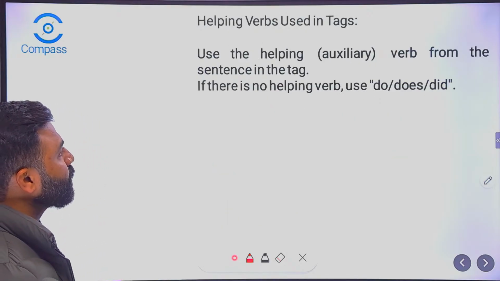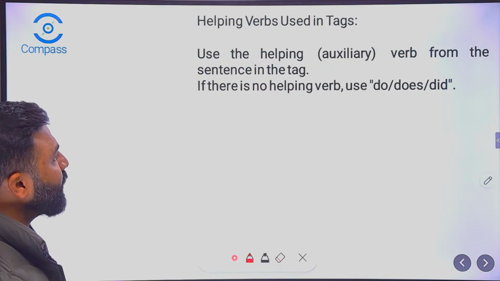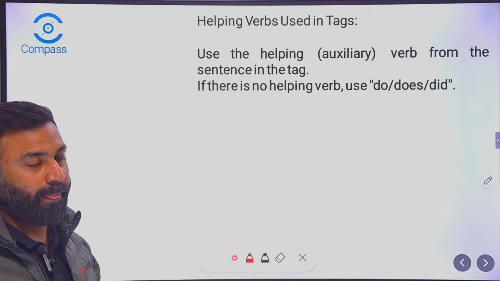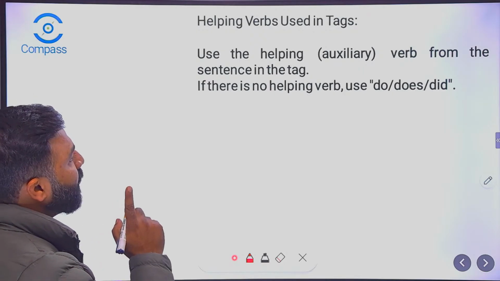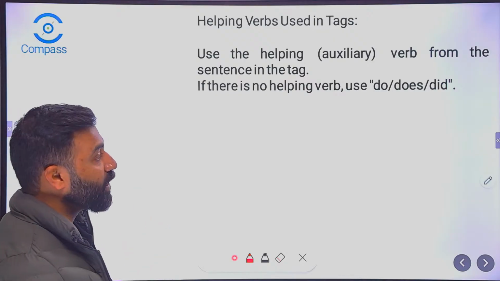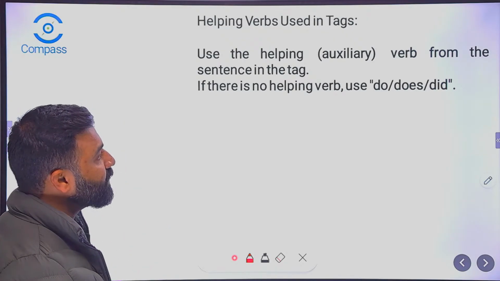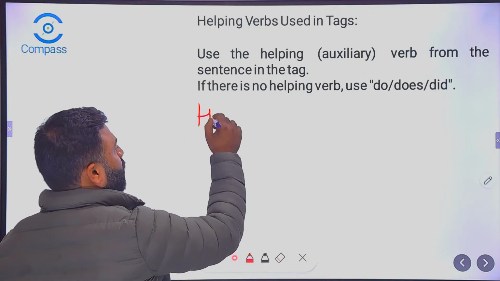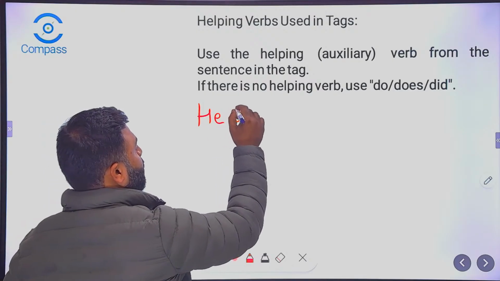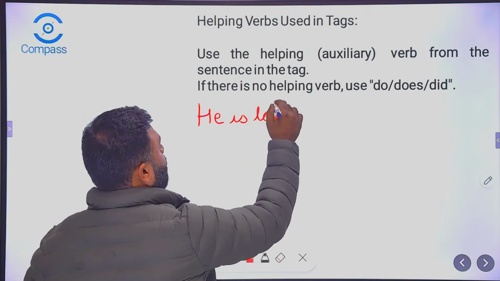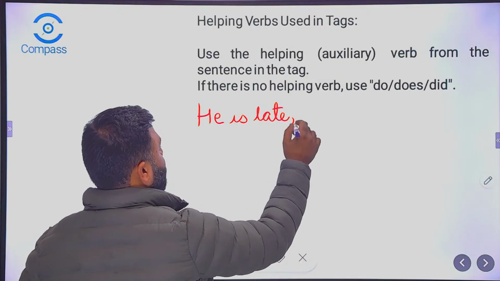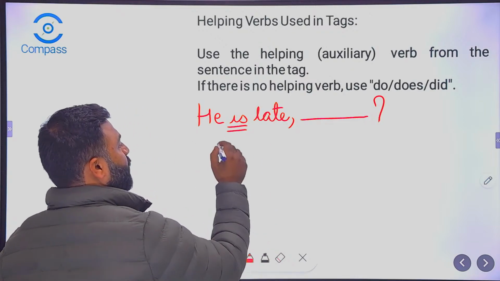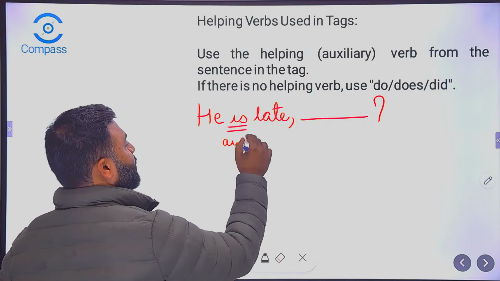It says helping verbs used in tags. Use the helping verb, that is called an auxiliary verb, from the sentence in the tag. He is late. In this sentence, we know that this is the auxiliary verb, AUX.